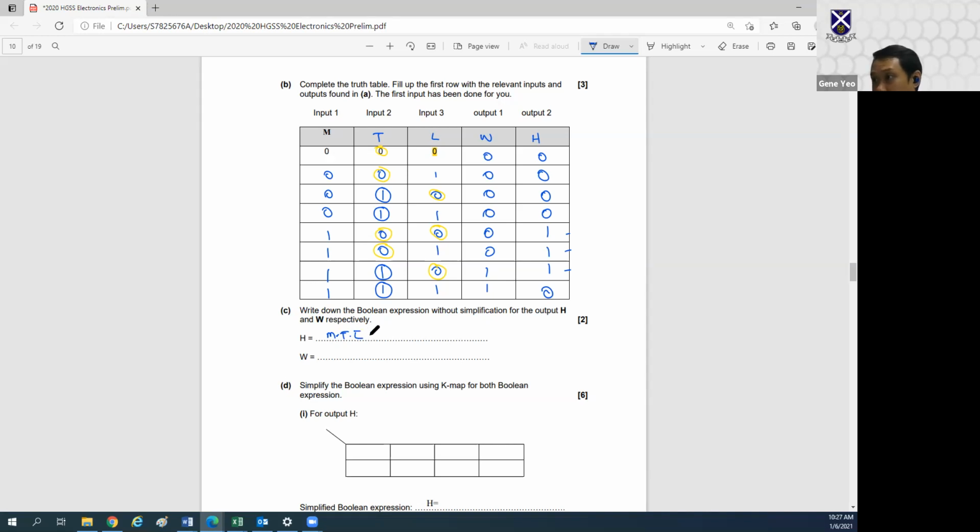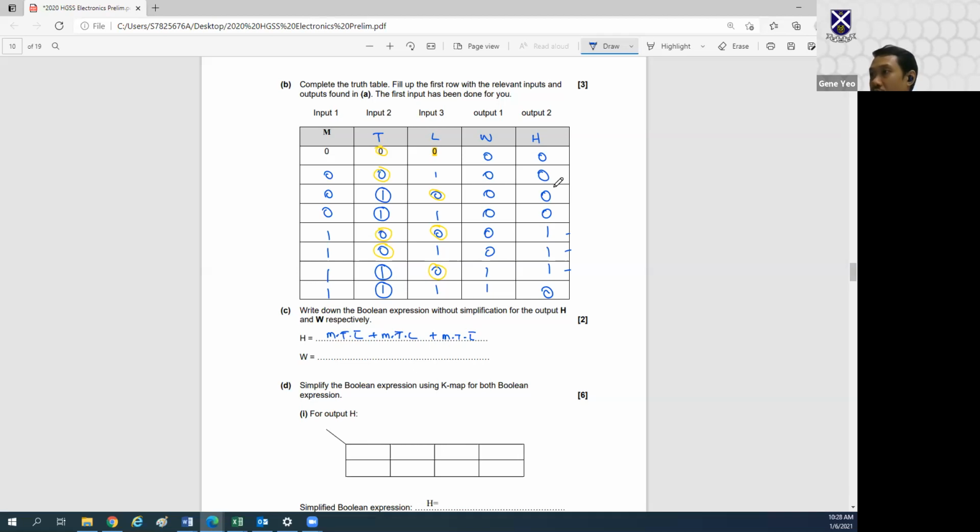Or the second one is M and T complement and L. Or there's one more here. Or M and T and L complement. All right.